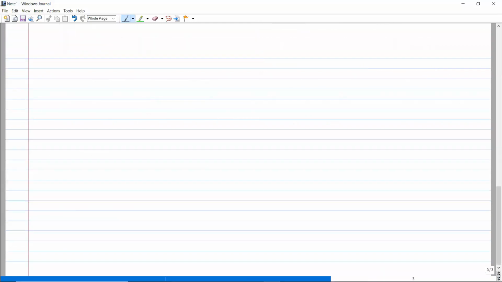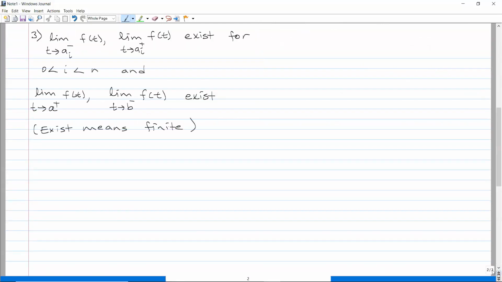So basically, a piecewise continuous function. We have an interval [A, B]. We take A as A0, and then A1, A2, some points, and the last one is AN. At the point A, we have a limit, but the function doesn't have to be continuous at the point A. So the graph may be something like this, but from A to A1, it has to be continuous.